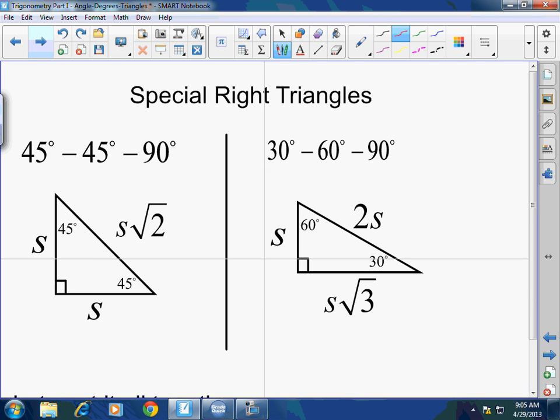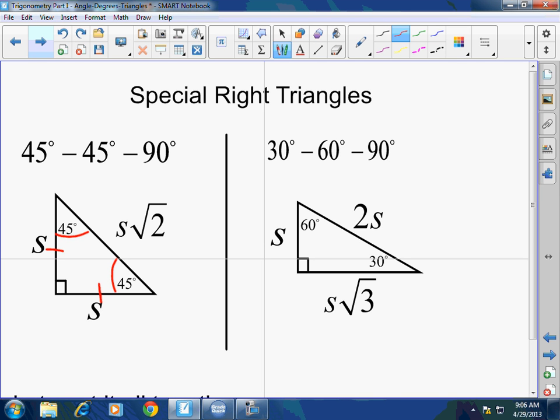Okay? Special right triangles. Special right triangles are called special for a reason. There are 2 types of special right triangles: a 45-45-90 and a 30-60-90. A 45-45-90 is a triangle that has 2 base angles that are equal, and their base sides are also equal. This is called an isosceles triangle.